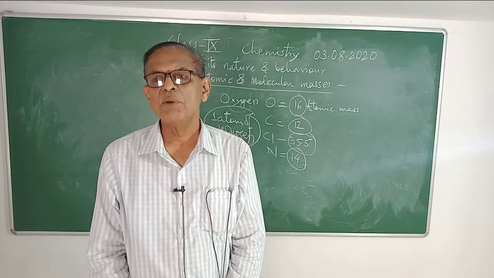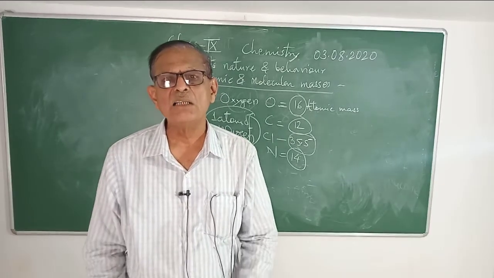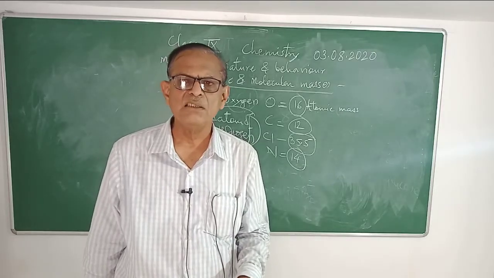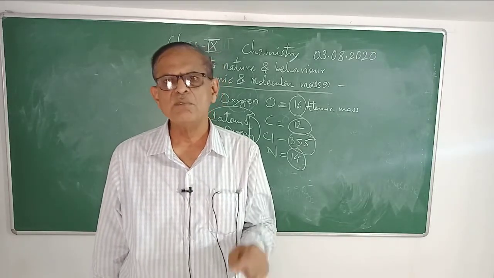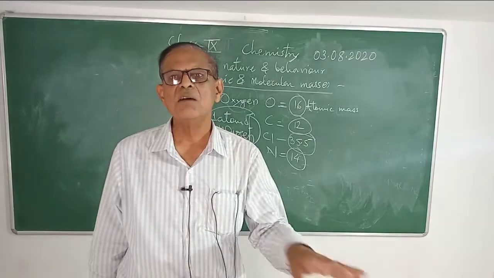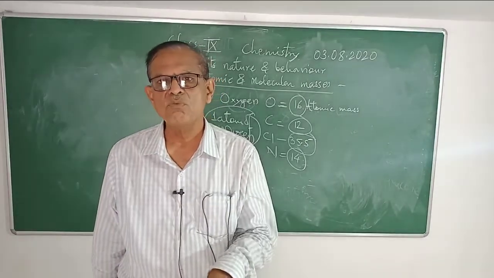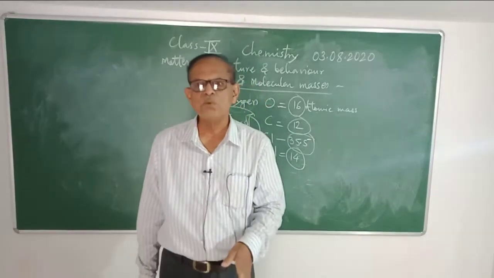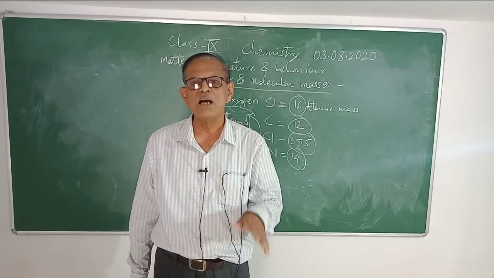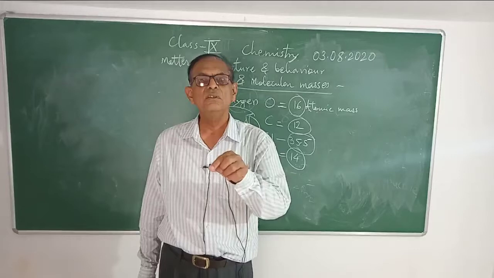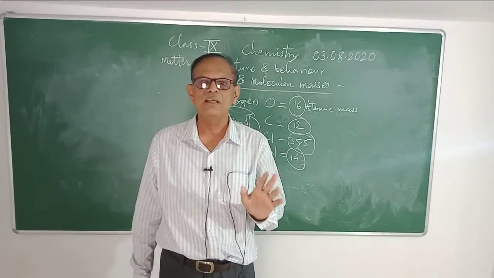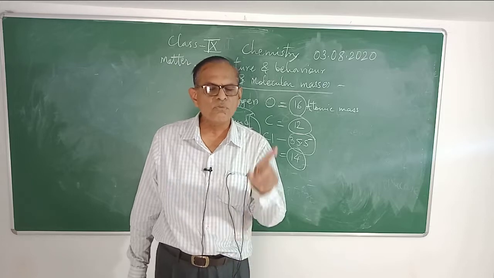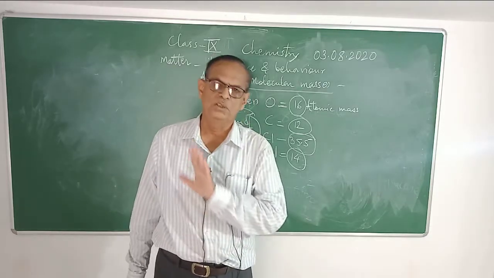Now, what is atomic mass? Atomic mass means the mass of one atom of an element. Atomic mass is the mass of one atom of the element as compared to the mass of one atom of hydrogen. So remember, atomic mass is the mass of one atom of a given element as compared to the mass of one atom of hydrogen.